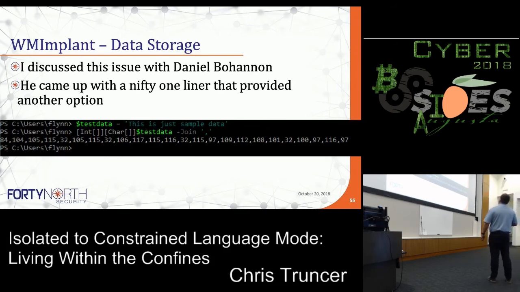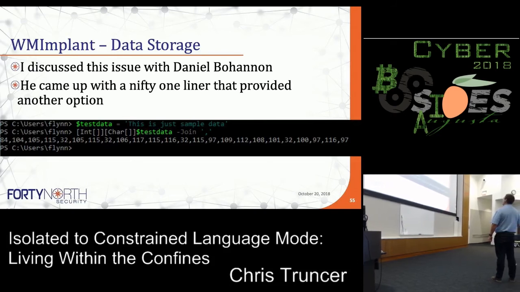What this one-liner essentially does is it takes either a character array or a byte array, depending on whether you're dealing with text or binary data, and it converts each character or byte into an integer. It then does that in a comma-separated single line. So this string, this is just sample data, is converted now into this.